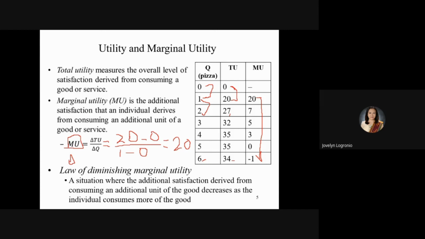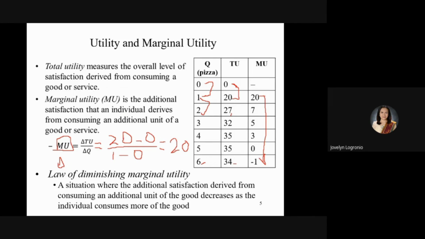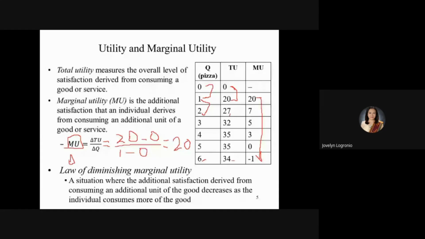Ibig sabihin, this behavior of the marginal utility is based on the law of diminishing marginal utility. Okay, law of diminishing marginal utility, it is a situation where the additional satisfaction derived from consuming an additional unit of the good decreases as the individual consumes more of the good.